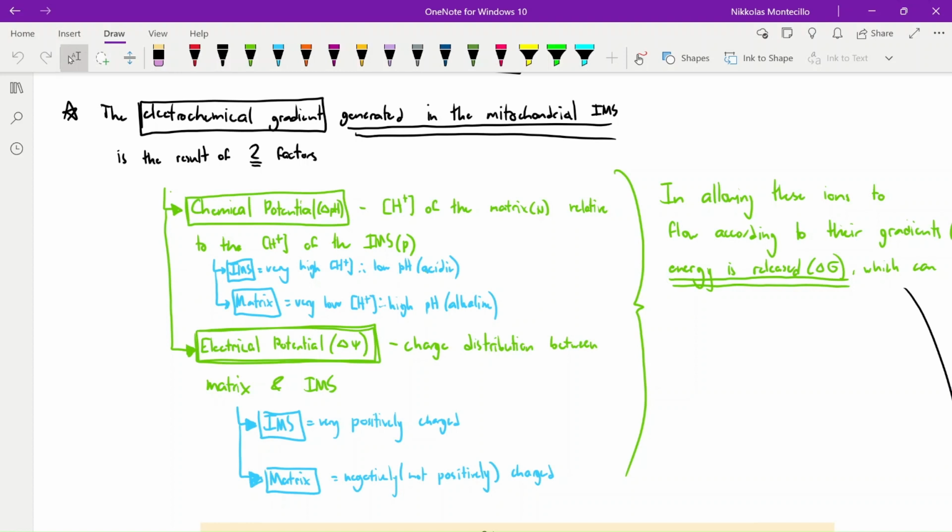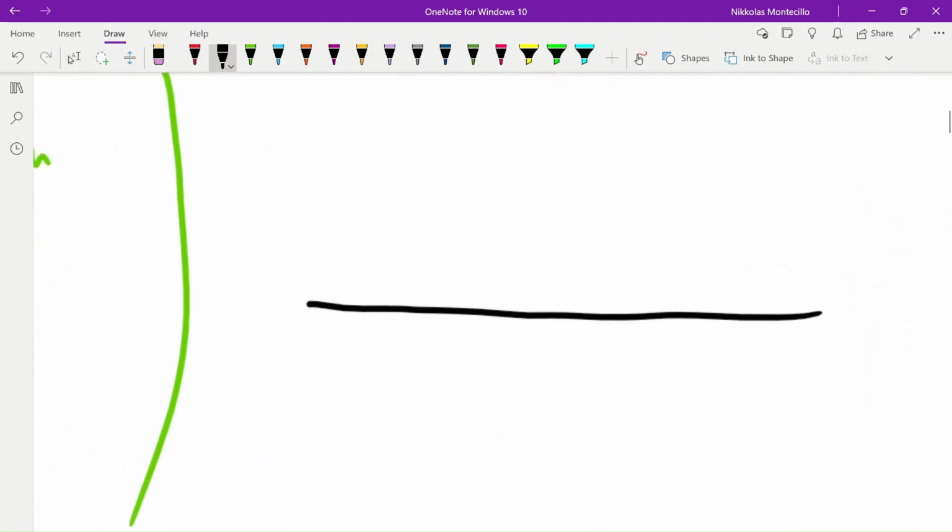And then the second factor of the electrochemical gradient is the electrical potential, right? Which just refers to the charge distribution between the matrix and the intermembrane space. So if we take a look here, we remember that this is the inner membrane of the mitochondria, the IMM.